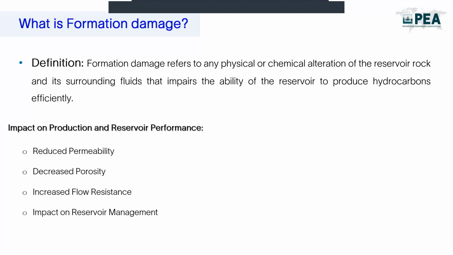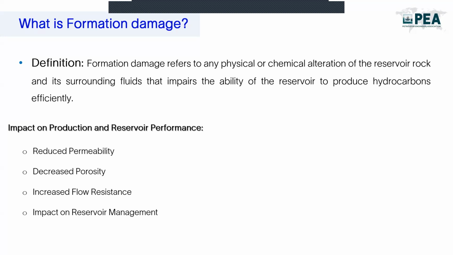So once we have formation damage, we need to apply more energy. We need to create more pressure difference between the reservoir and the wellbore to extract the same amount of hydrocarbon, which will lead to other problems.